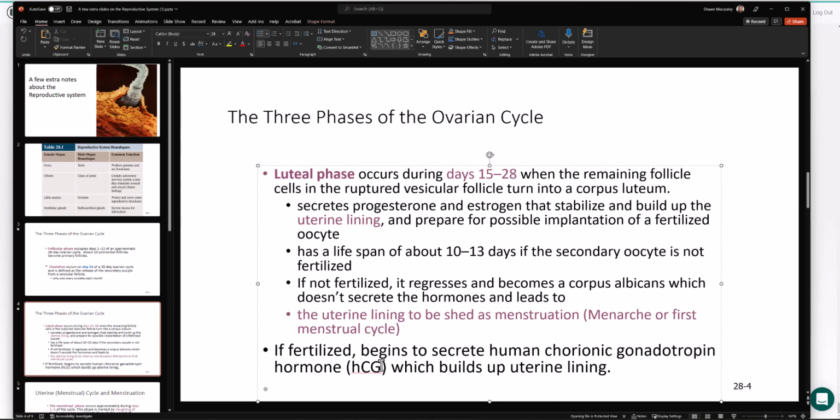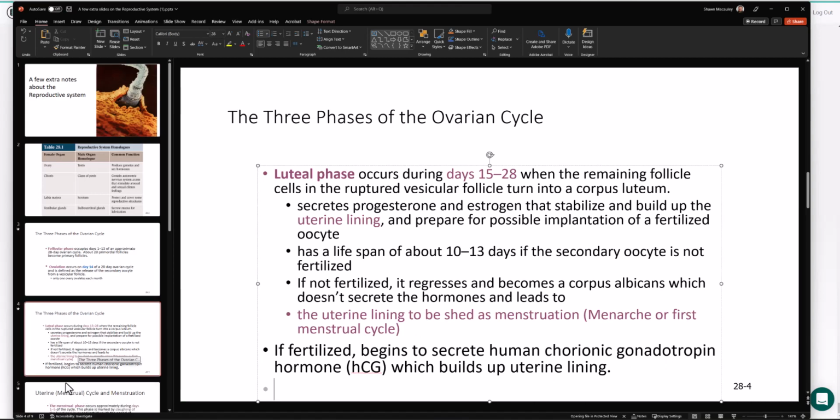But remember, every embryo doesn't have the chance to survive or to attach to the endometrium, to the inside of the uterus. So it's possible, and it happens quite often, that fertilization happened, HCG was produced, but that embryo did not attach properly to the wall of the uterus, and the embryo was lost, and so there was no longer any HCG being produced.